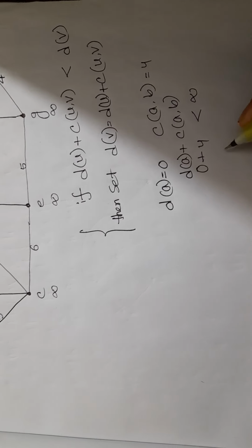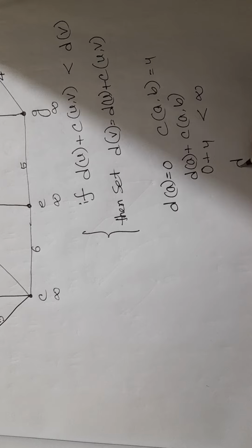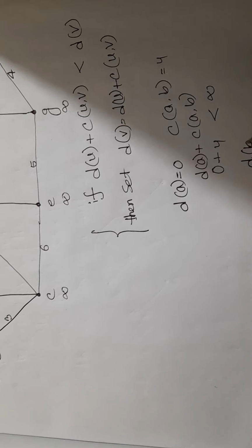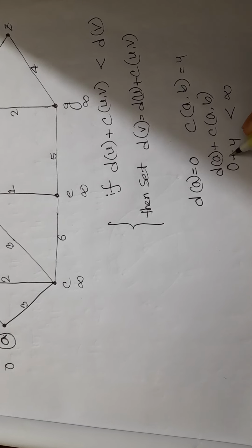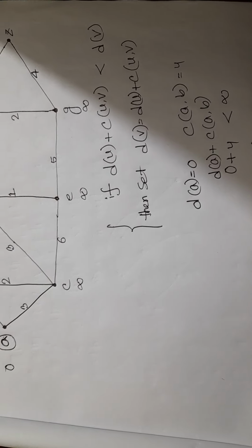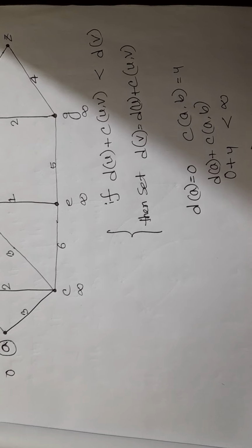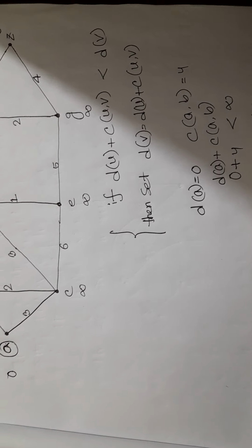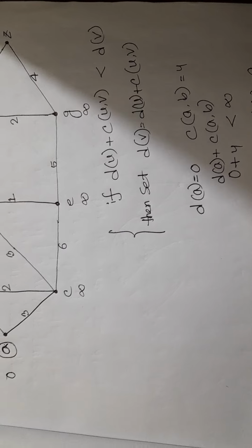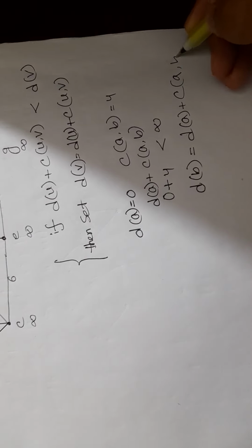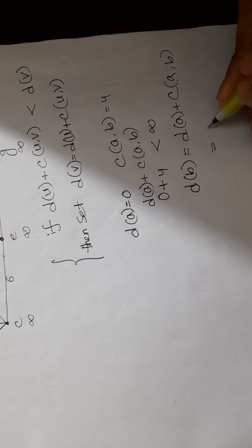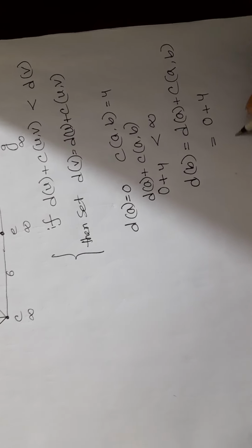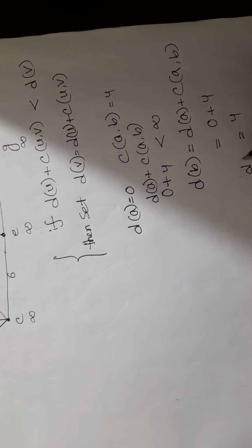So we can write distance of B equals to distance of A plus cost of AB. So 0 plus 4 equals to 4. So the distance of B equals to 4.